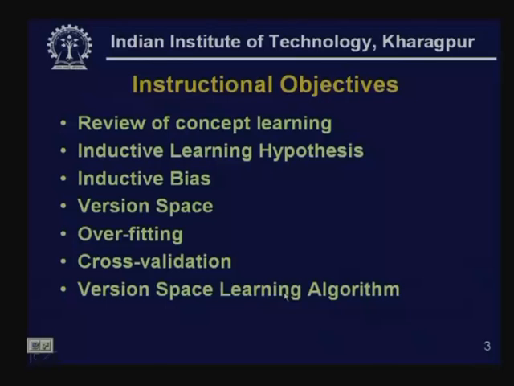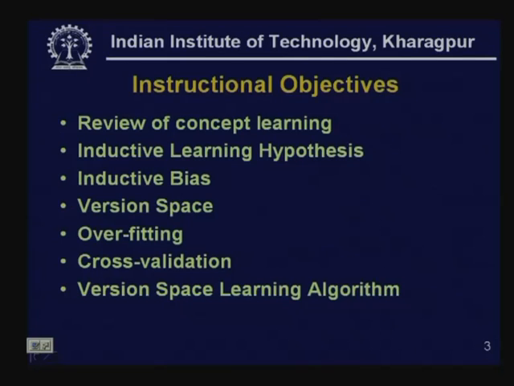The instructional objectives of today's class are as follows. We will be reviewing concept learning or classifiers. We will look more closely into the inductive learning hypothesis and explain the various types of inductive bias, and also discuss why inductive bias is required to select a hypothesis.